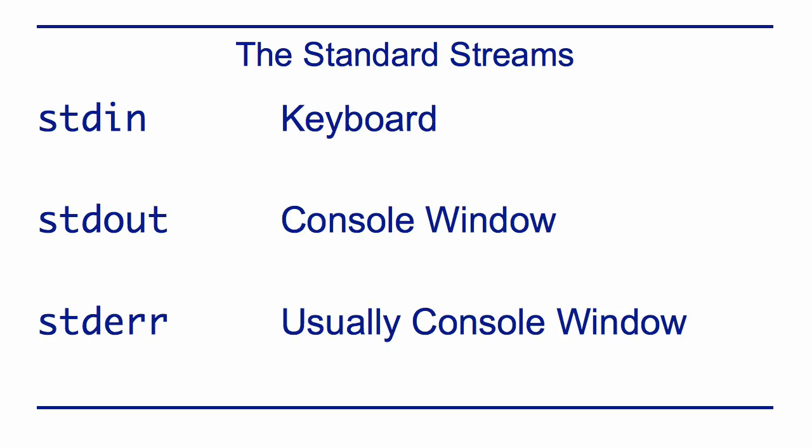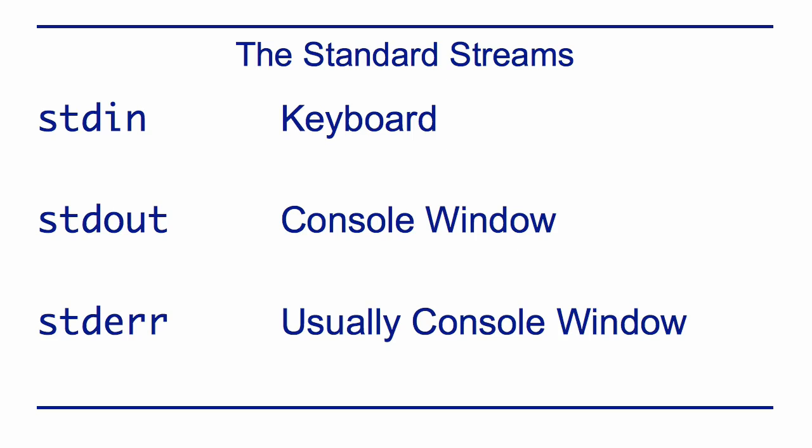Normally, standard in is attached to the keyboard, so all user input is read from there. Standard out is attached to the console. This used to mean the terminal from which the user input was arriving, but is more complicated than this in modern circumstances.